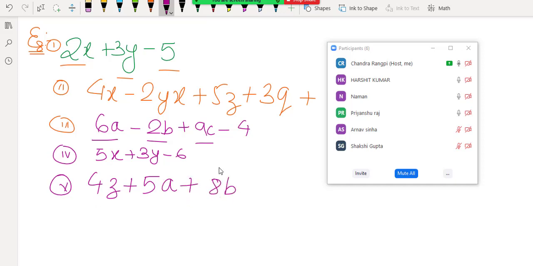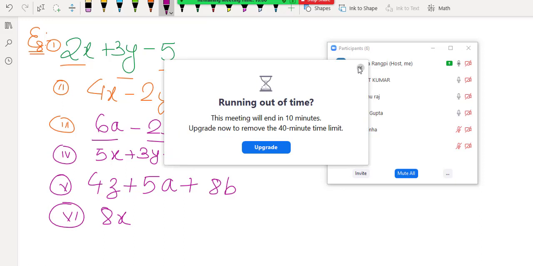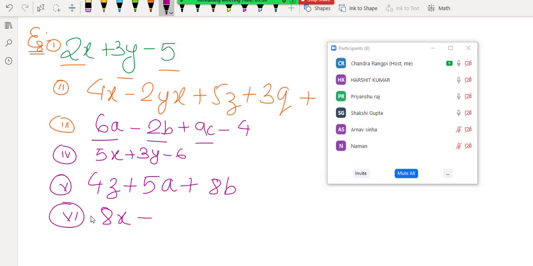That's enough. That is an example of an algebraic expression. Okay, next one, Shakshi. 8x minus 5y plus 6. Okay, that's enough.